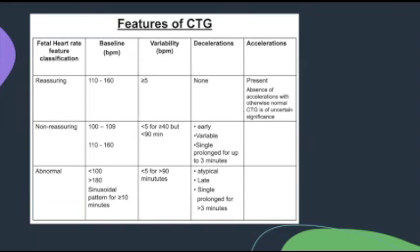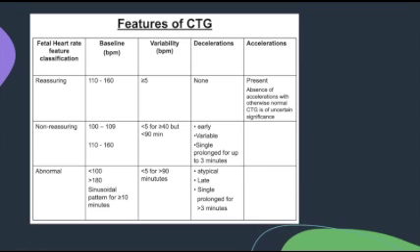Some features of cardiotocography show us the hypoxia of the fetus. In abnormal cardiotocography, we will have heartbeats. If we have less than 100, it shows us bradycardia of the fetus. More than 180 shows tachycardia of the fetus.